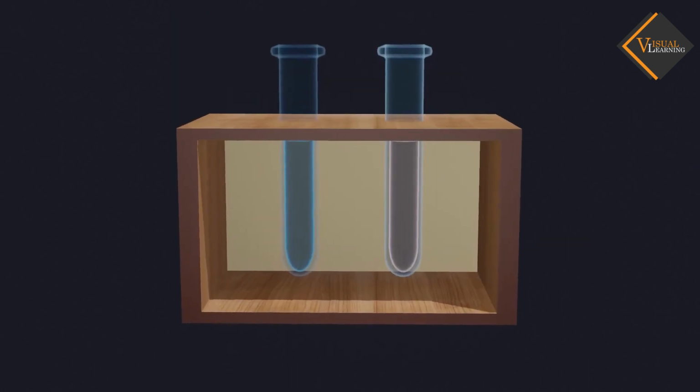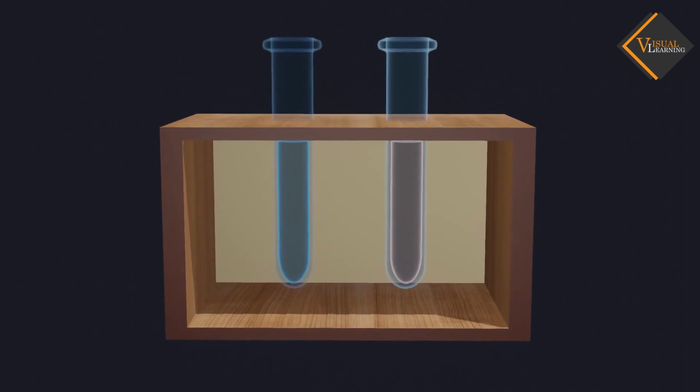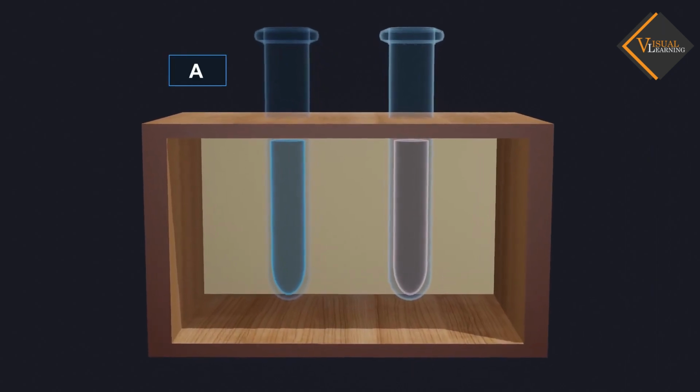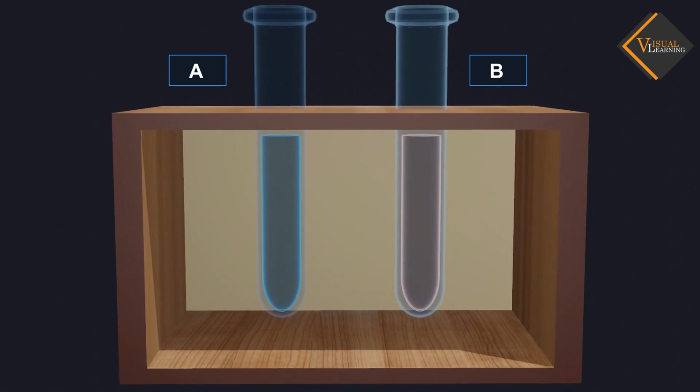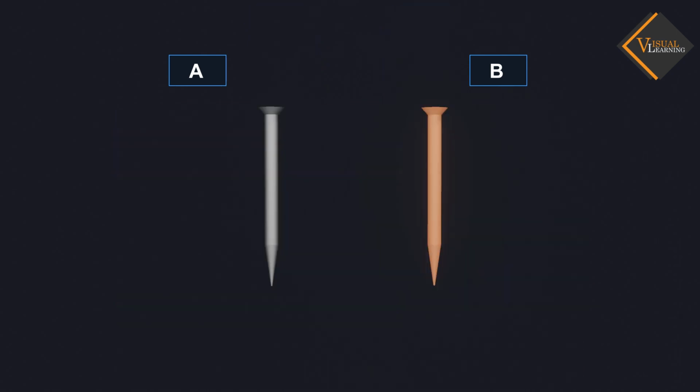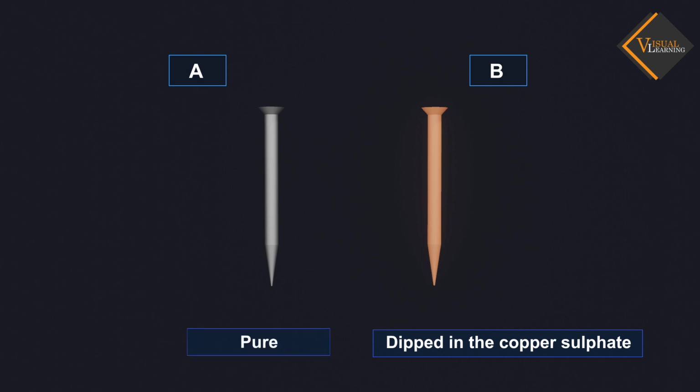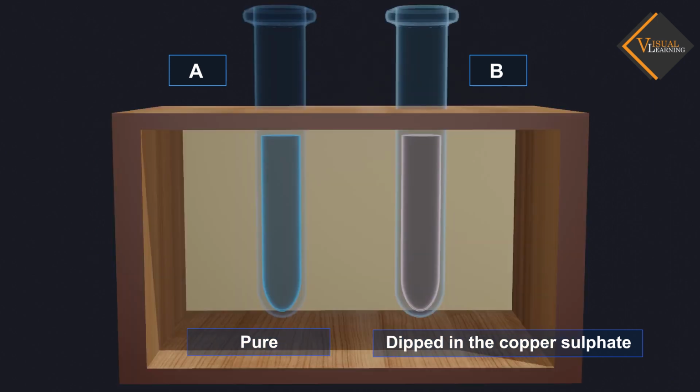Compare the intensity of the blue color of copper sulfate solutions in test tubes A and B. Also compare the color of the iron nails dipped in the copper sulfate solution with the one kept aside. Why does the iron nail become brownish in color and the blue color of copper sulfate solution fades?